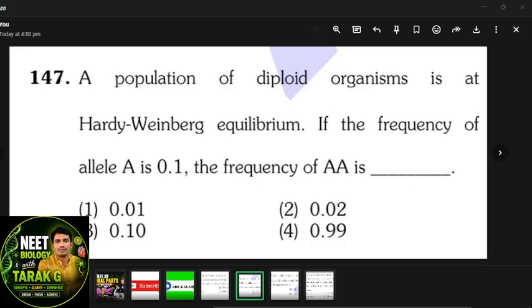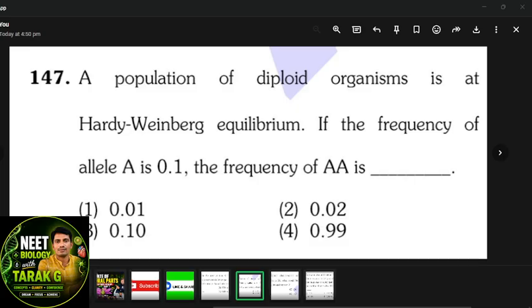Now p square means A homozygous is equal to 0.1 whole square, p into p. Now 0.1 whole square comes as 0.01. That is the answer.